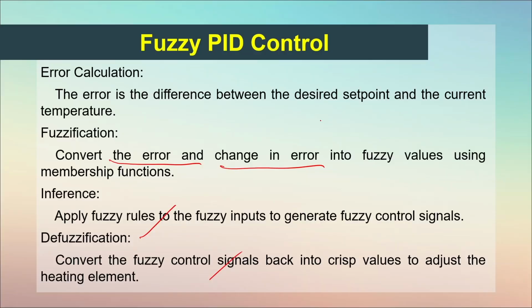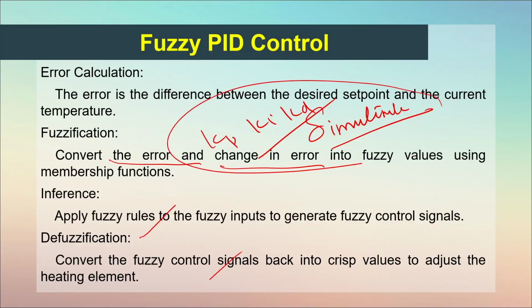When you are applying this fuzzy PID control and you want to design the system in MATLAB, there is an environment called Simulink. Using this Simulink environment, you can design any PID control system by placing the controller over the system. Then accordingly you can design the KP value, KI value and KD value.